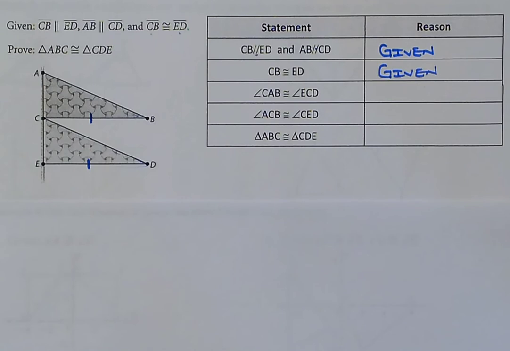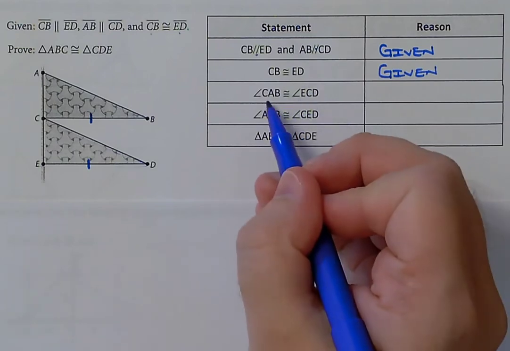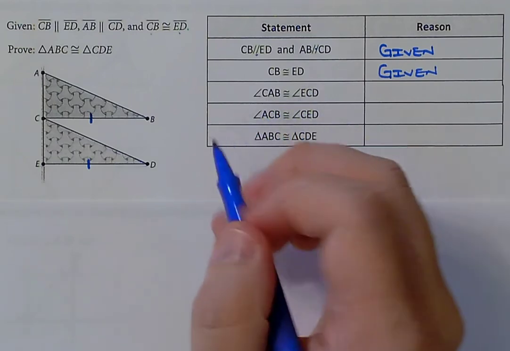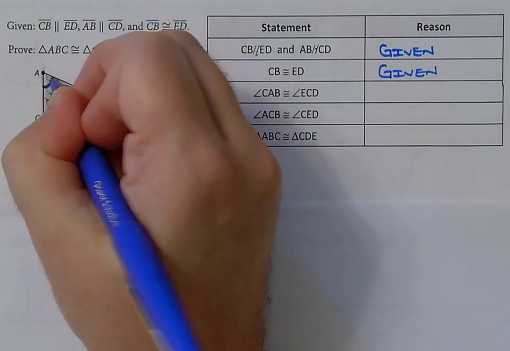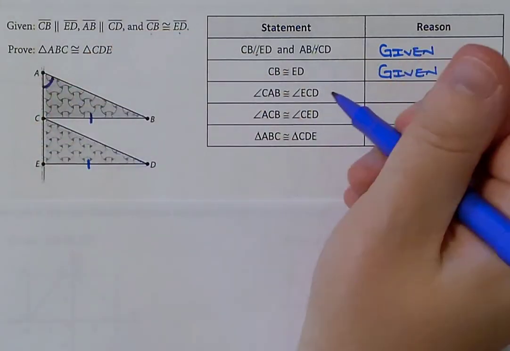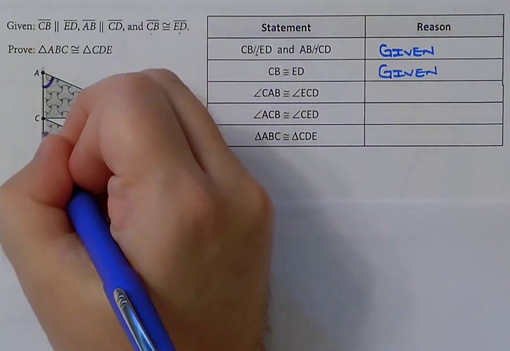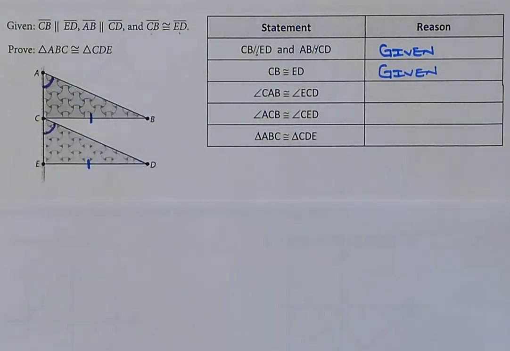And now is where we get into the info that's not given. First thing is they state that angle CAB, which is this angle right here, is congruent to ECD, which is this angle right here. How do I know that those two angles are congruent?